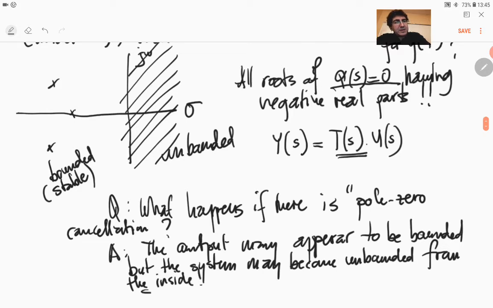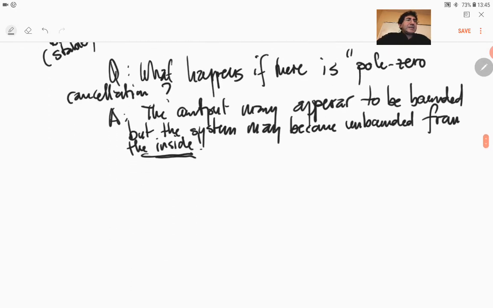So you can see that sometimes the system may appear to be bounded input, bounded output stable, but in reality it may not be internally stable. Some of its internal variables may be unbounded. Okay, why? Because the output does not show some of the internal behavior because of a pole zero cancellation.